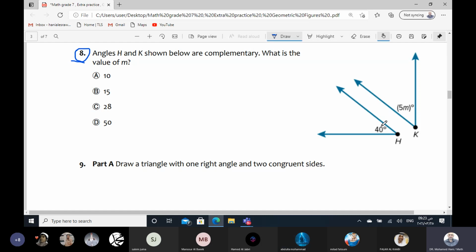What's the meaning of complementary? Means the sum of them will be what? 90. The sum of them is 90. So I want all of you to write an equation, then find the value of M. The answer is 10. Right. So we can write 5M, this angle, plus 40, this angle, equals 90, and here we have complementary means 90.